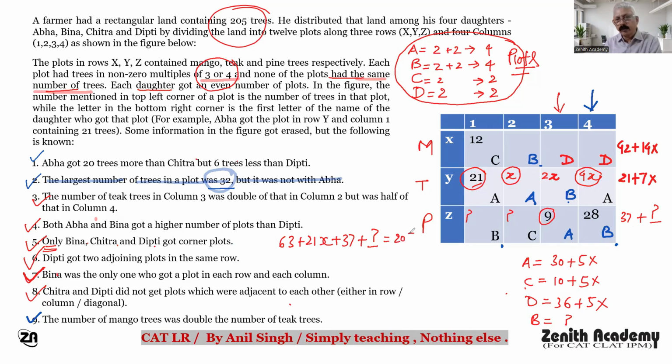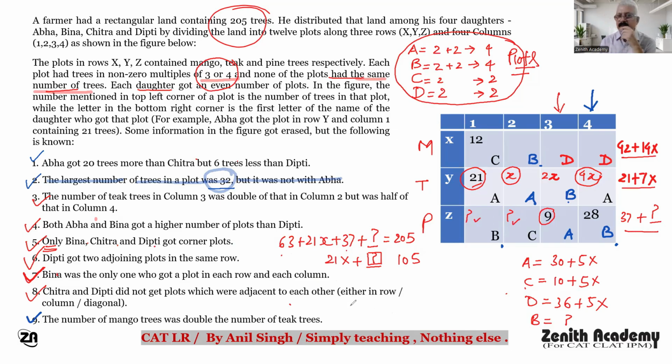This is going to be 205. I think it is clear: the total number of trees needs this plus this plus this, and this is an unknown value. So it is 63 plus 37, which is 100. If I subtract this 100 from 205, it is 105, and it is 21x plus some value, which will be a sum of this and this.